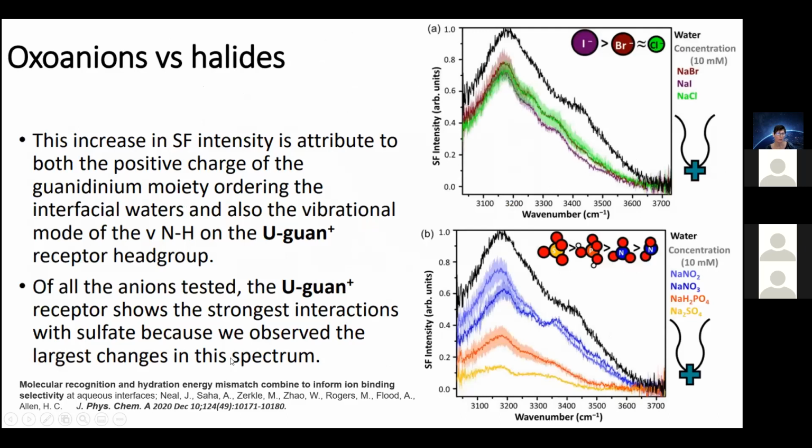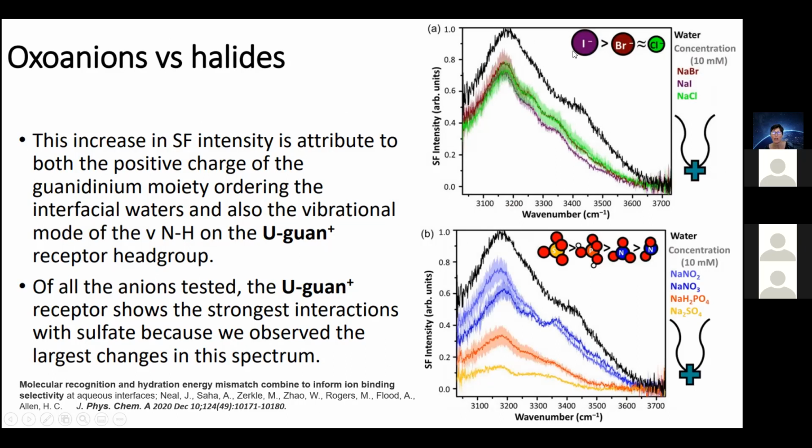We've also done other work that's published where we also used the sum frequency region. In this case, we weren't making a charged surface. Here we were actually quenching the water region, and this is the guanidinium from the second study I talked about. Guanidinium itself is charged, so it gives you a huge enhancement in the sum frequency.